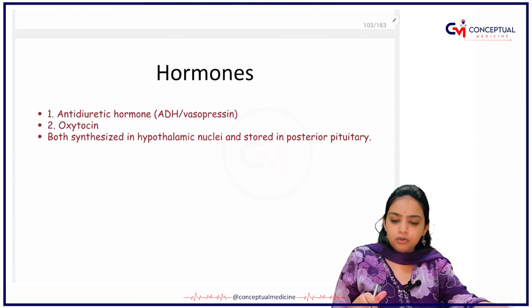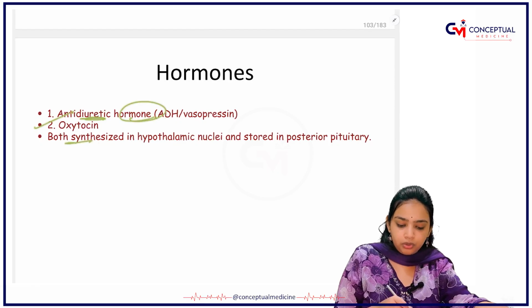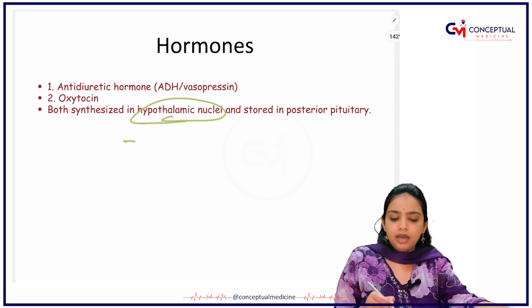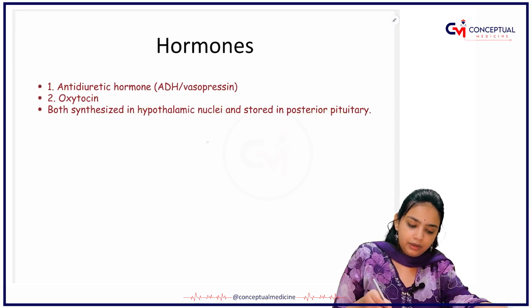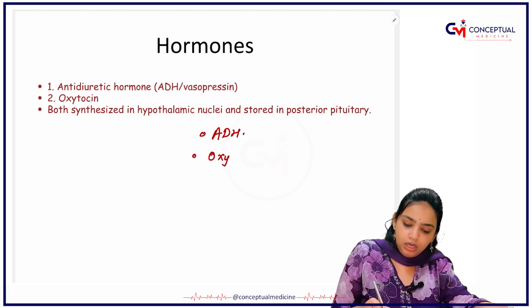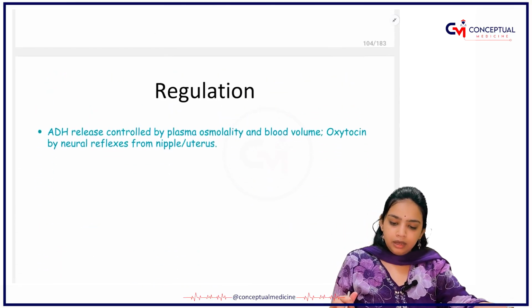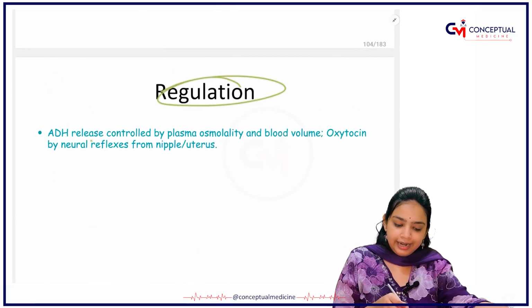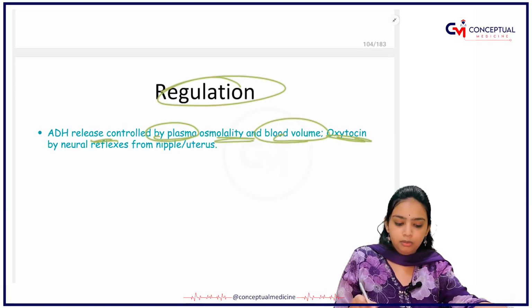If I talk about the hormones, you have antidiuretic hormone and oxytocin. They are both synthesized in the hypothalamic nuclei and stored in the posterior pituitary. Regarding regulation, ADH is released and controlled by plasma osmolarity and blood volume.